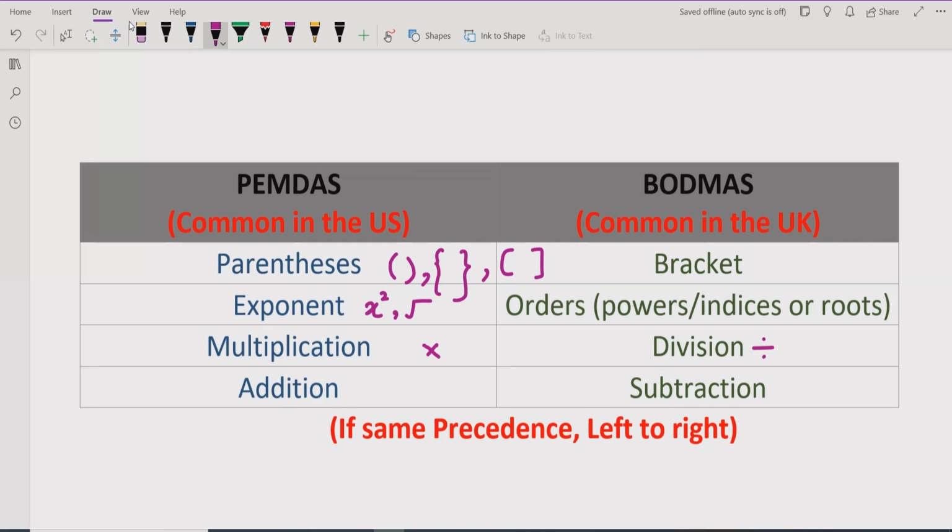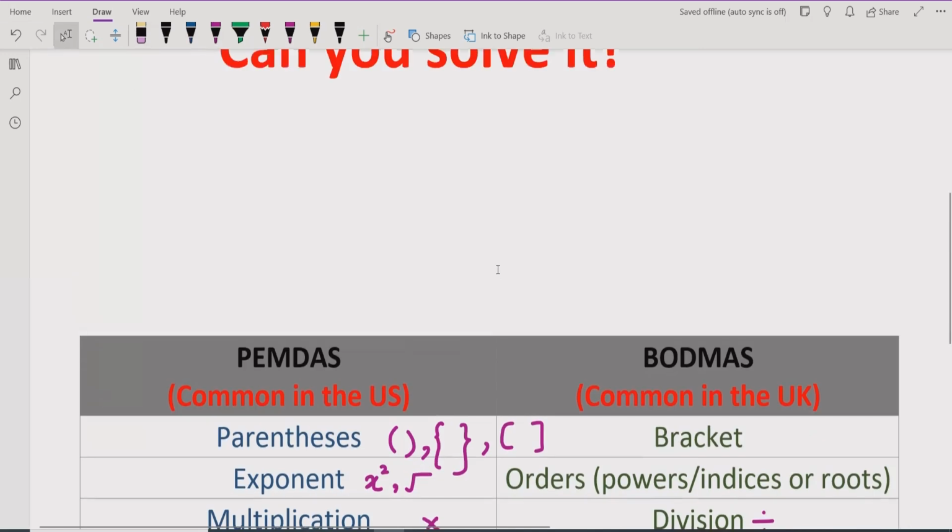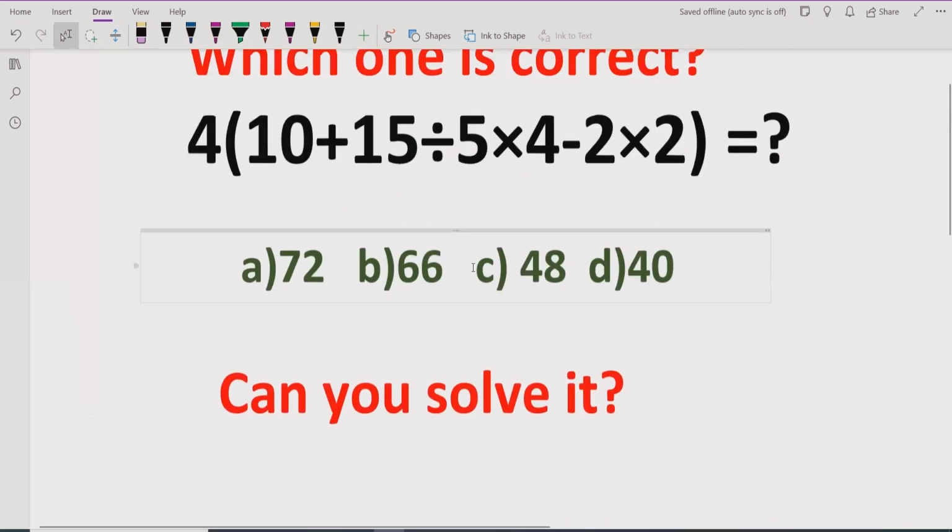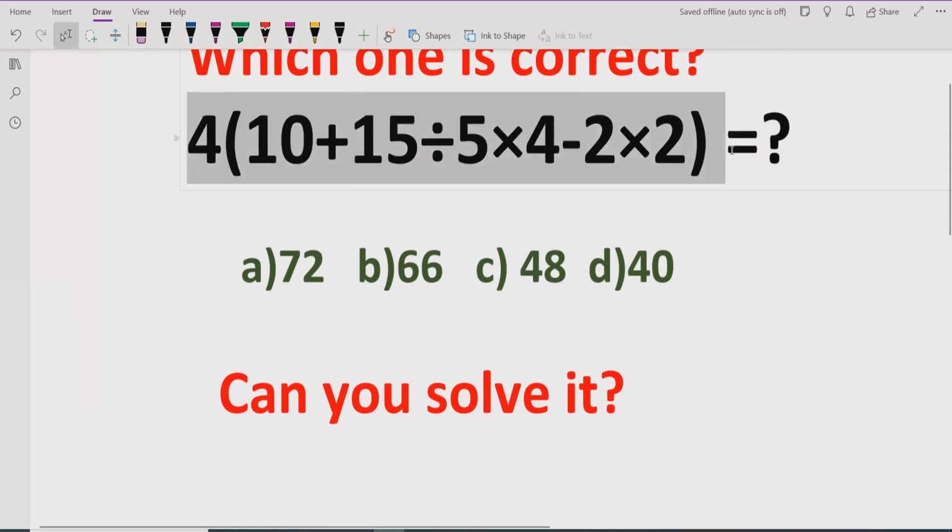Similarly, addition and subtraction also have the same precedence when going left to right. So now let's start the main expression and see what answer we get after solving using the BODMAS or PEMDAS method.